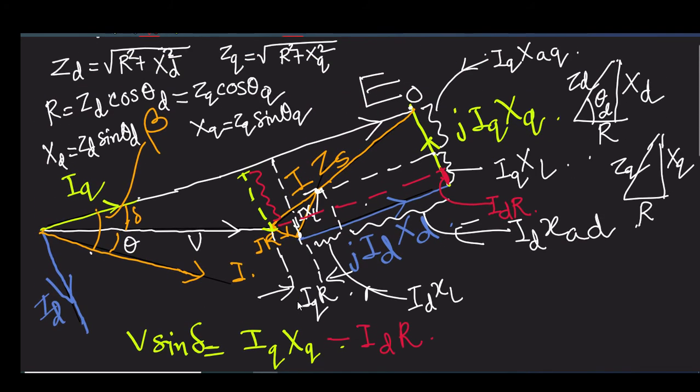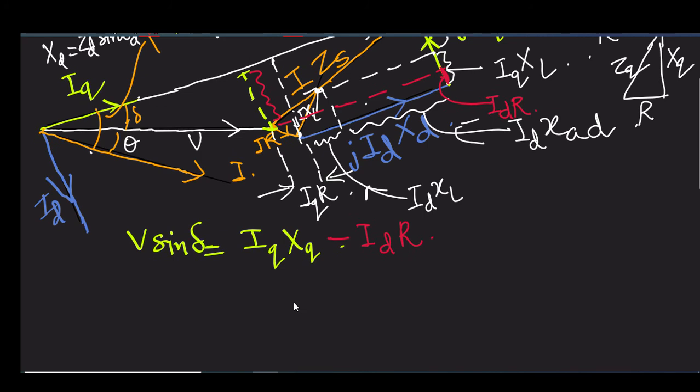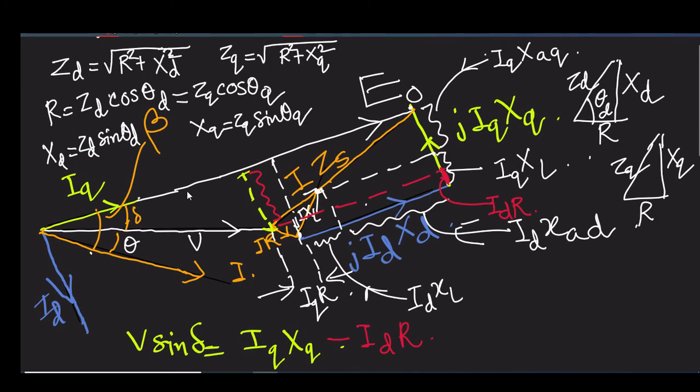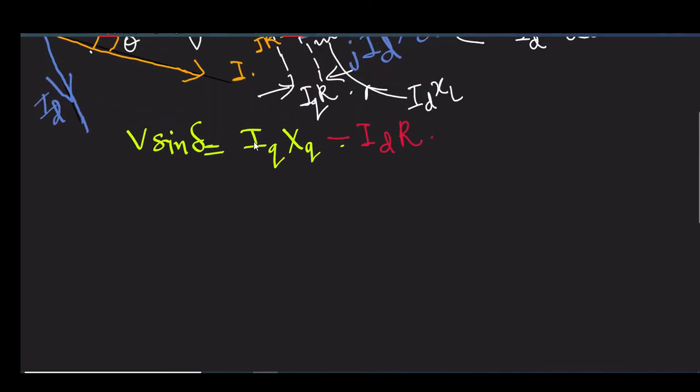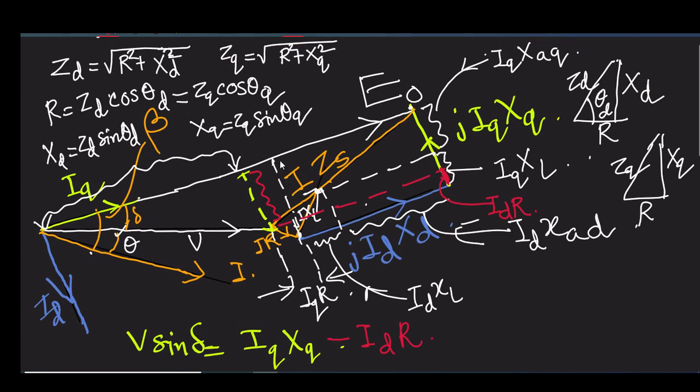Well, now if this is the case, then let us find out what is the other half. That is your E naught minus V cos delta. V cos delta, this is a very simple thing to visualize. This much length we are trying to mention. This is V cos delta. So we can write E naught minus V cos delta is equal to how much?